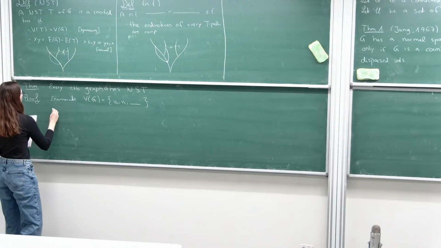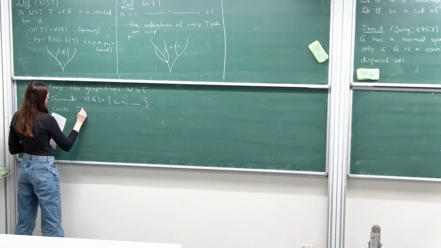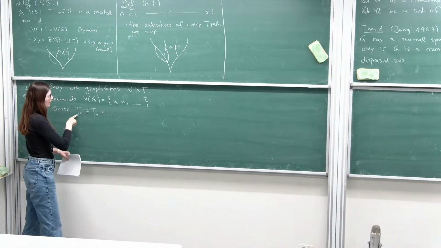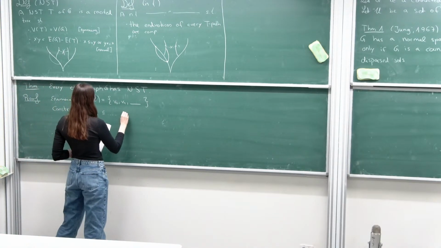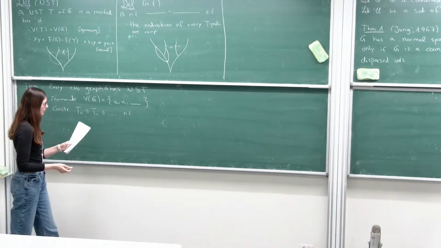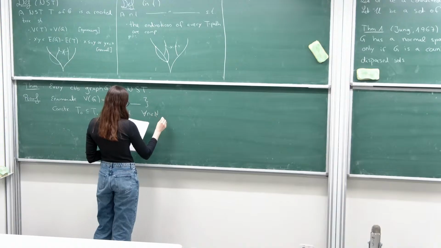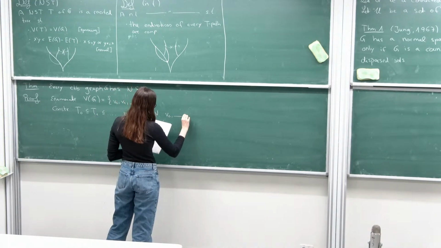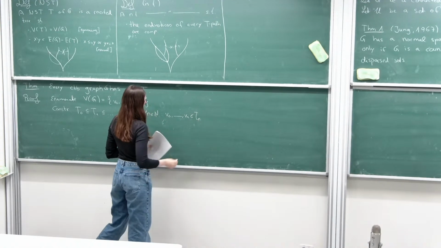Okay? So construct an increasing sequence of normal trees such that they all have the same root and that they extend each other. So these are all normal trees. And I also want that these trees contain the first n+1 vertices.